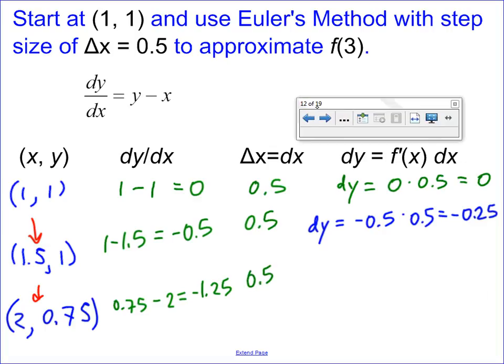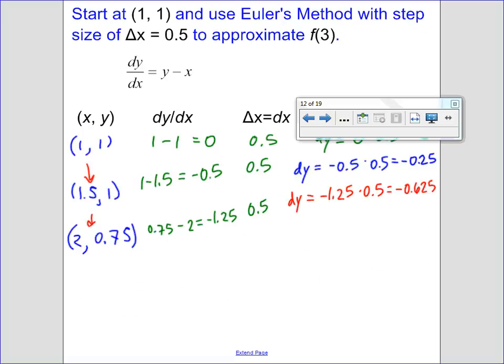So my dy is negative 1.25 times 0.5 equals negative 0.625. You get that on your calculator? Hey, I made it farther than I thought I was going to. Increment x-coordinate, y-coordinate. We're closer, you guys. I think we're all the way to 2.5. Almost there.